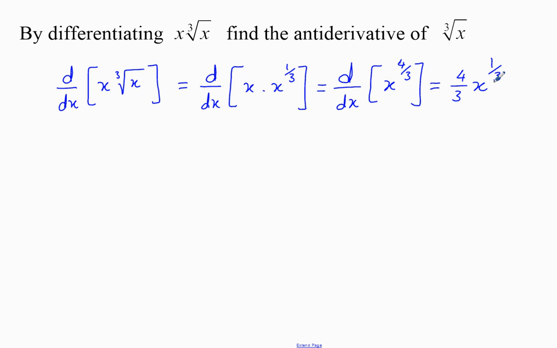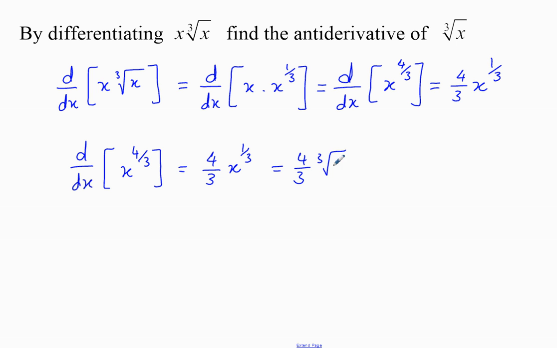So now I can write this as the derivative with respect to x of x to the power of 4/3 is equal to 4 over 3 and x to the power of 1/3, or the cubic root of x.